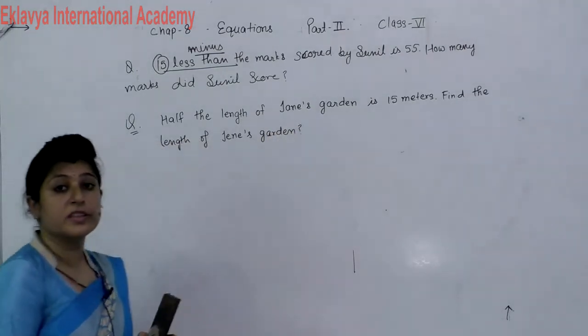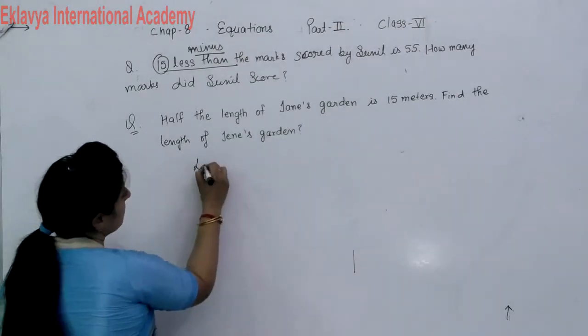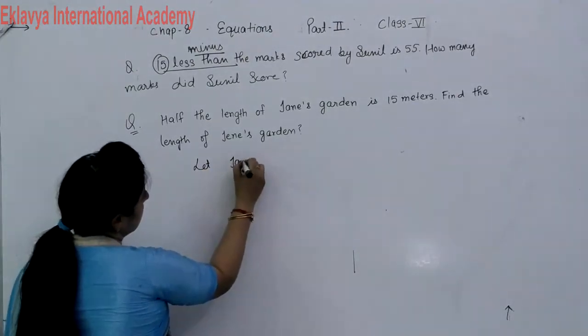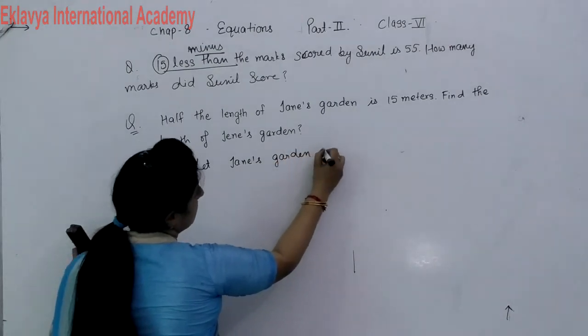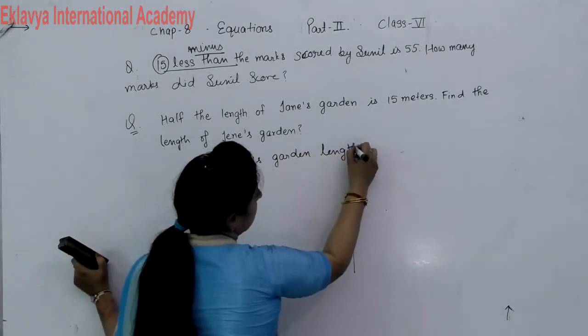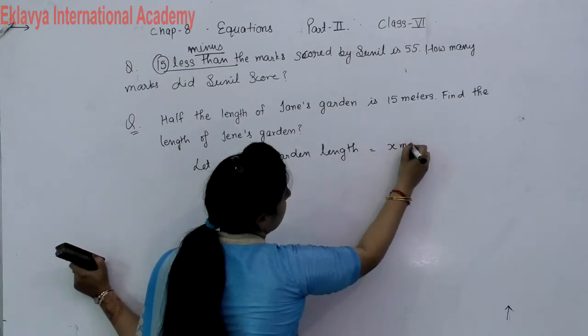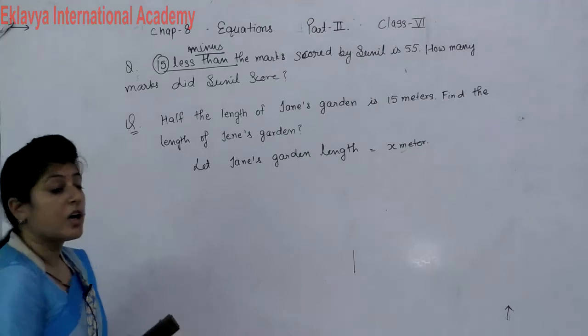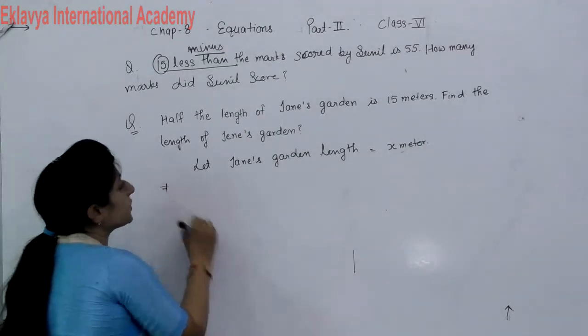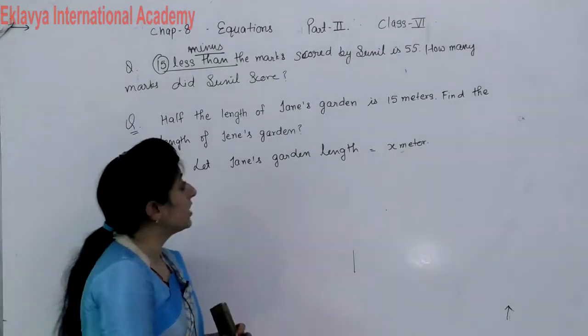So what we will do in this: let Janus Garden length, which we don't know, be x meters. Now see the statement and change it into the algebraic representation.